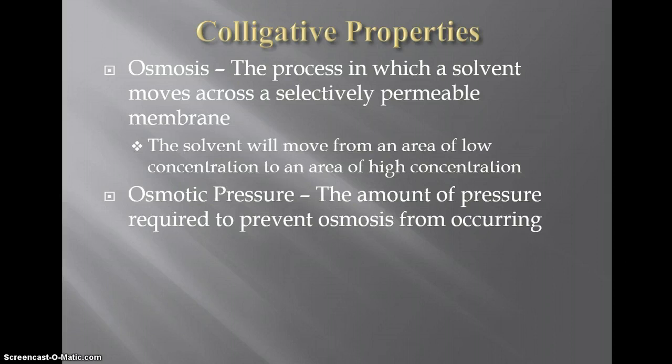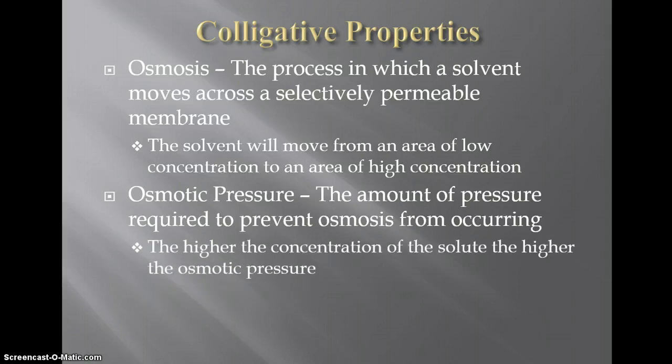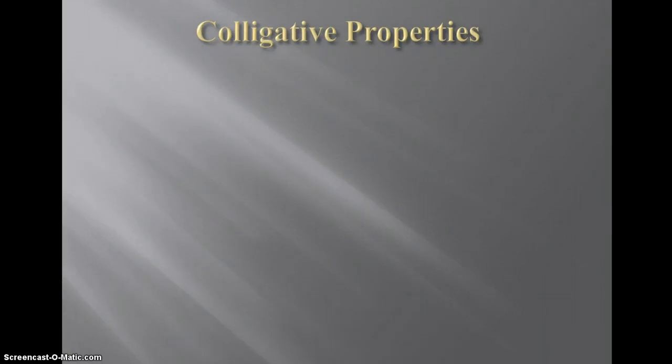And as you have water pushing in on the membrane and out on the membrane, eventually when that reaches equilibrium, then that pressure will stop osmosis from occurring. It's kind of a layman's terms. There are some big fancy terms to describe this, but that's a real simple way to describe what's going on there. And typically, the higher the concentration of the solute, the higher the osmotic pressure that you have on a solution.